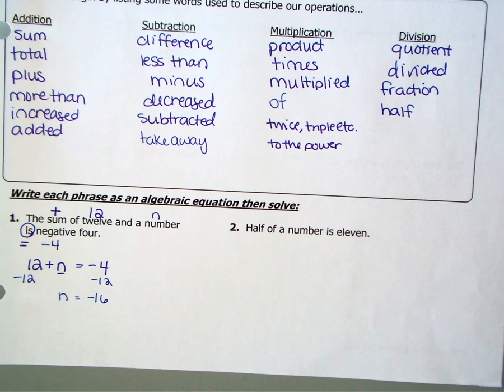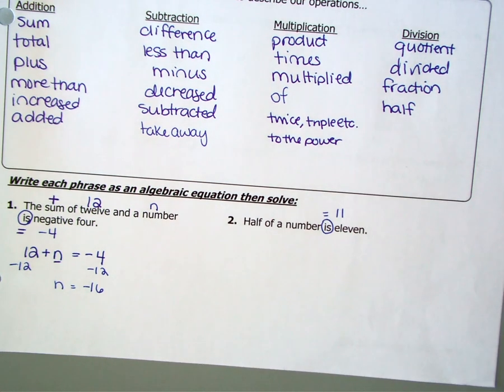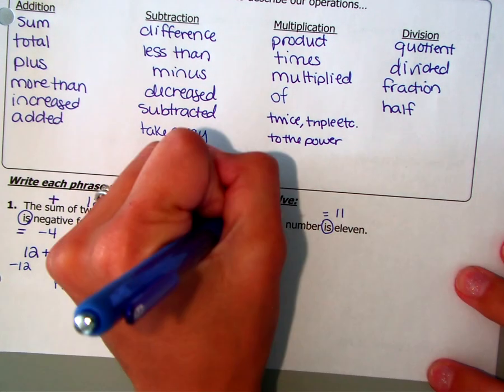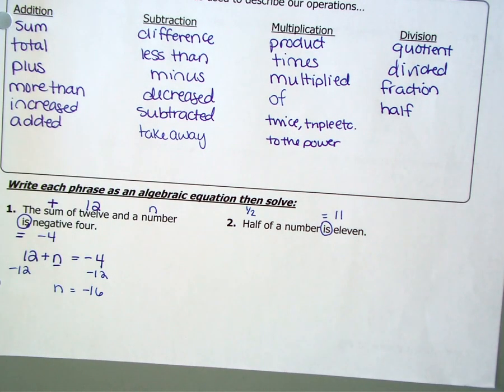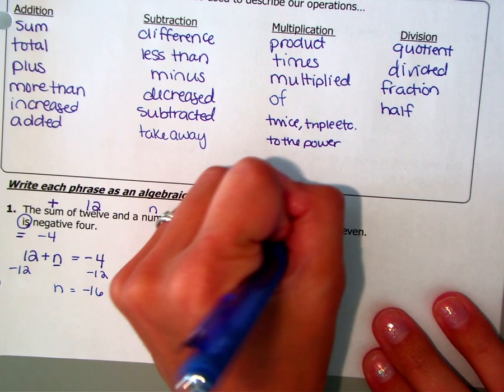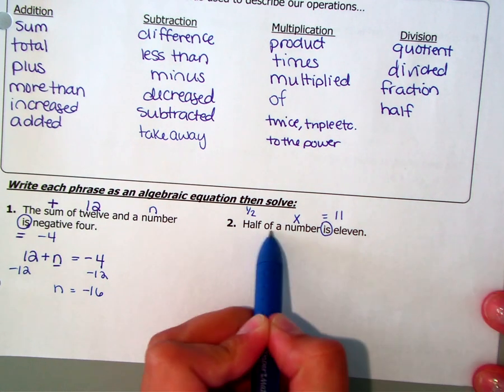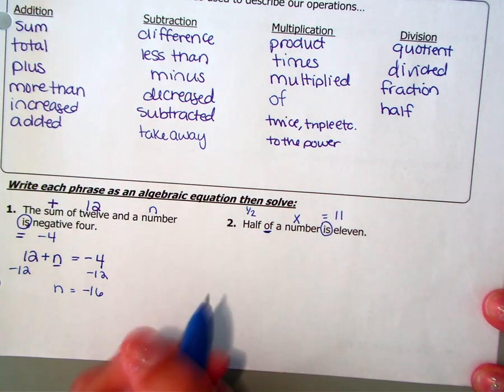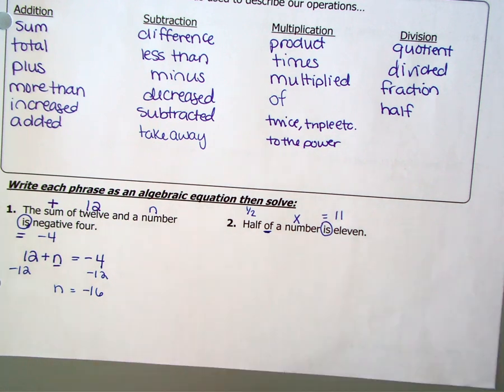Alright, so number 2, we got half of a number is 11. So it's going to equal 11. Half is 1 over 2. Of a number, we can say is x. What do we know about "of"? What operation is there? Half of a number.